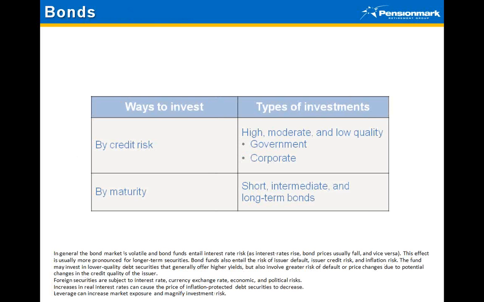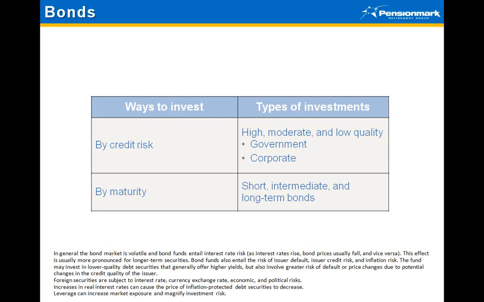There are a couple of different ways to categorize bonds. One way is to look at the credit quality of the bond. Bonds can be classified as either investment grade or high yield. You may have heard these terms before. Investment grade bonds generally offer a lower level of risk, but also have potentially lower returns.